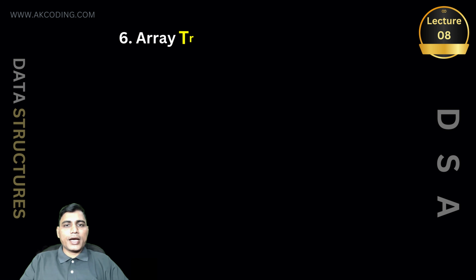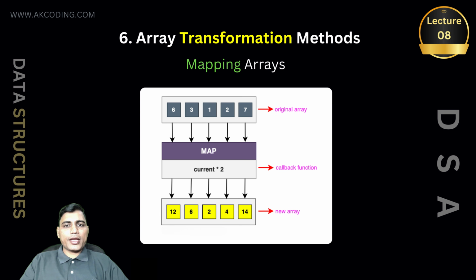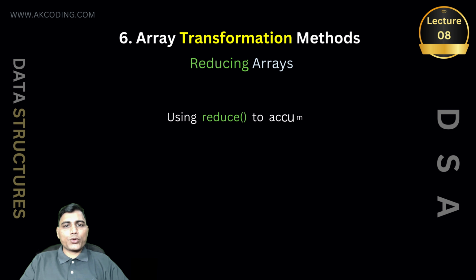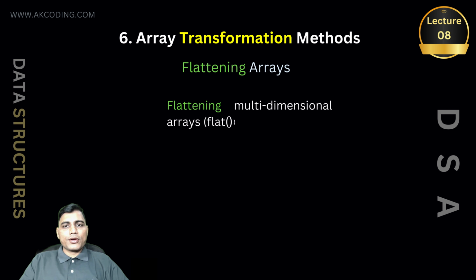Number 6, array transformation methods. Mapping arrays: transforming an array using map. Reducing arrays: using the reduce method to accumulate values, like summing elements. Flattening arrays: flattening multi-dimensional arrays using the flat method.